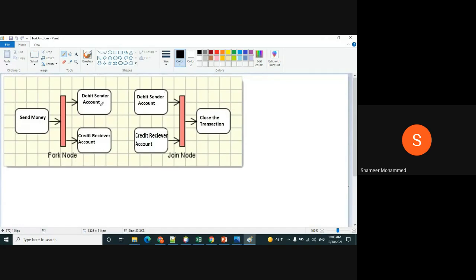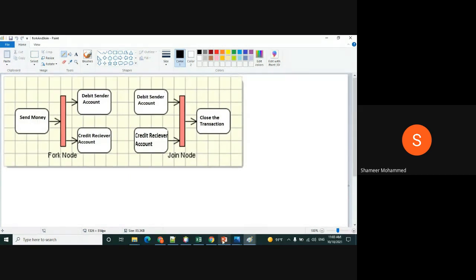The amount of the sender is deducted, at the same time the amount of the receiver is credited. Then finally you will see the message amount sent successfully. That means you are closing the transaction. So this is called the fork node. This is called the join node.